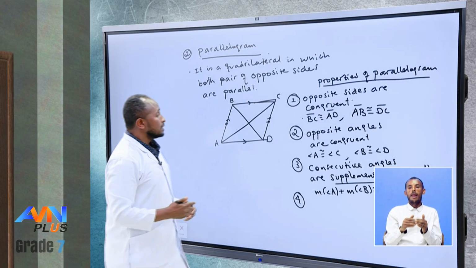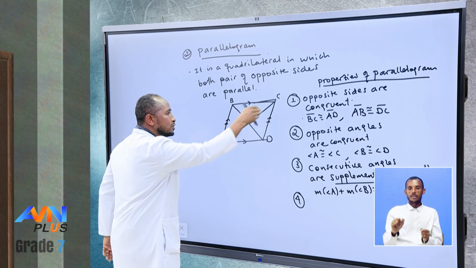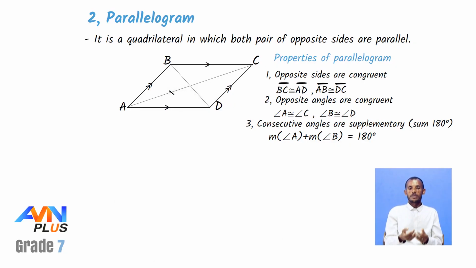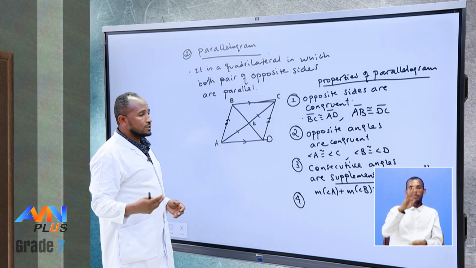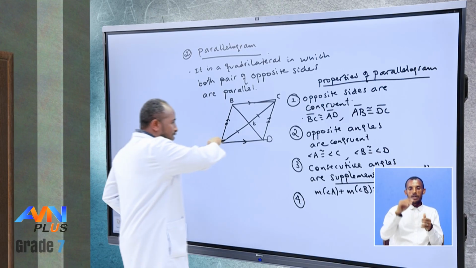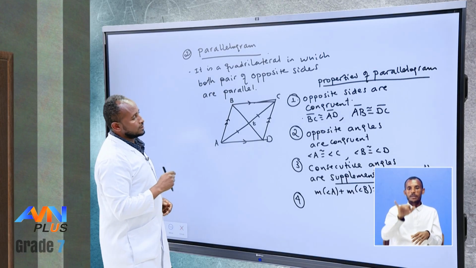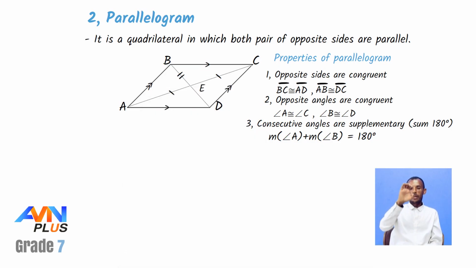This diagonal BD divides the other diagonal into two equal parts. Let's assume this point is E. So AE and EC are equal. This diagonal is bisected by BD. Not only this one, it says bisect each other. This means the other diagonal also bisects BD into two equal parts. This means BE is the same as ED.